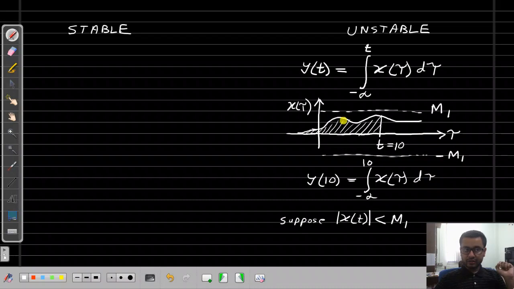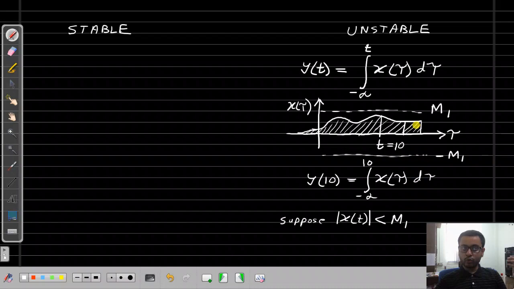However, the area under this curve, as time increases, say time becomes 11, 12, also increases, and this can increase without any bound.